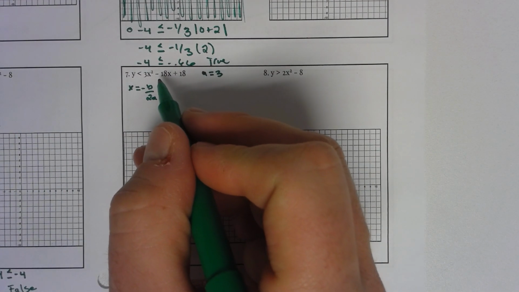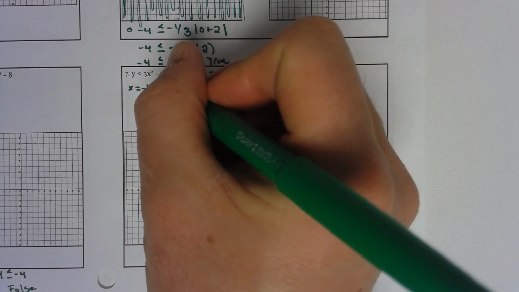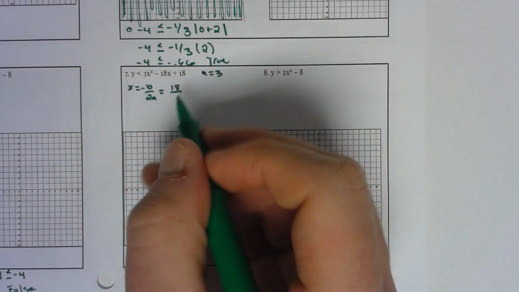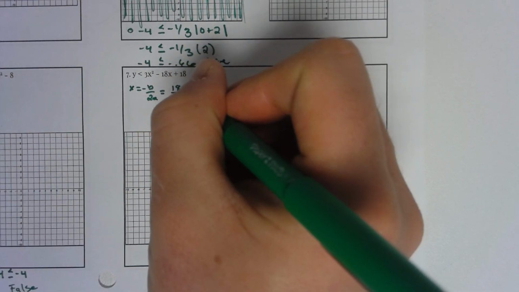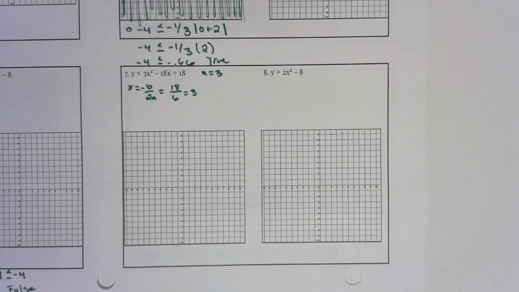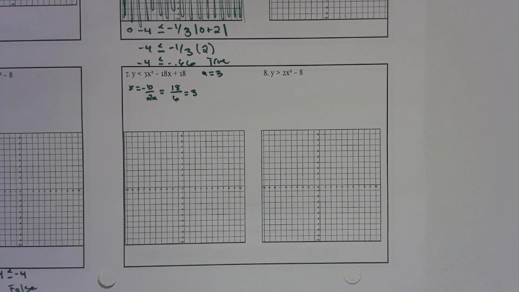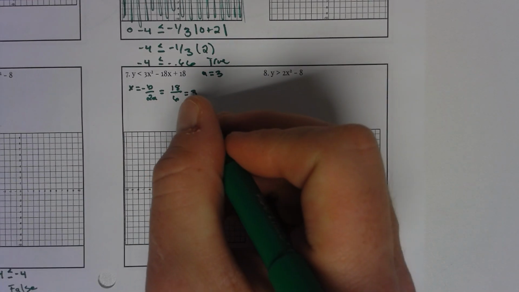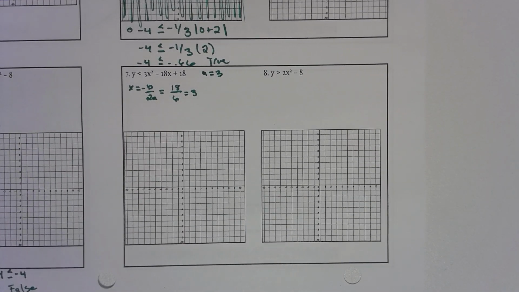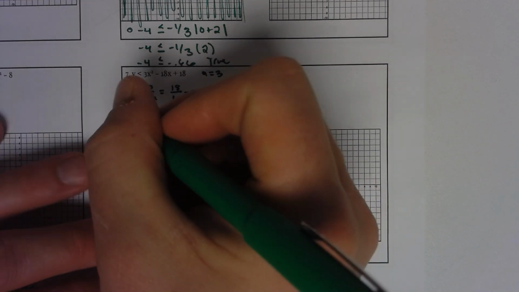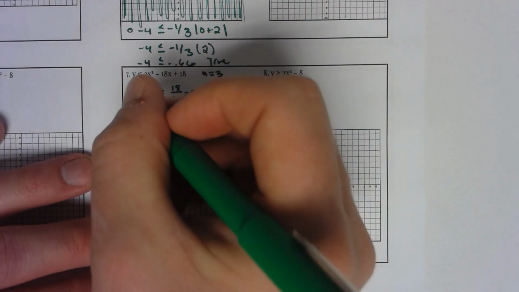So if b is negative 18, negative b is positive 18, then 2 times a, or 2 times 3, is 6. 18 divided by 6 is 3. Then to find the y, I need to plug 3 right back into the equation. And since I'm just using this x value of 3 to find y, I don't really care about the inequality part here. It's more just what y value do we get.